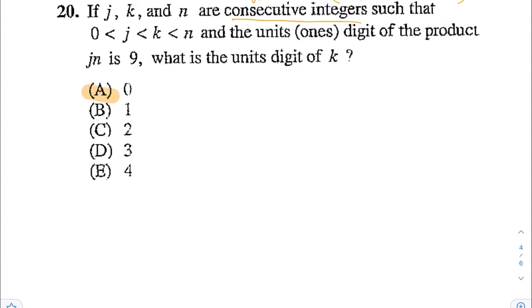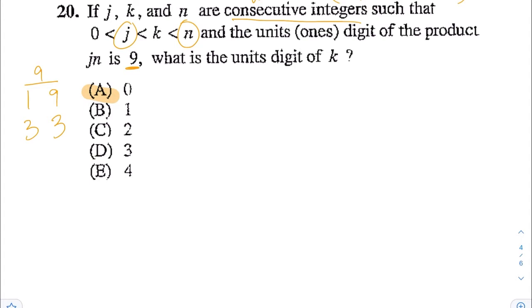Now the ones place of the product of j times n is 9. So if you look at the factors of 9, it's just 1 and 9 or 3 and 3.